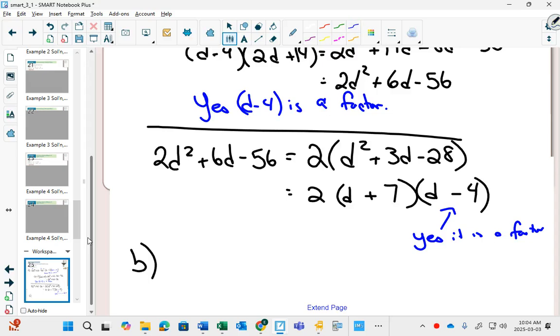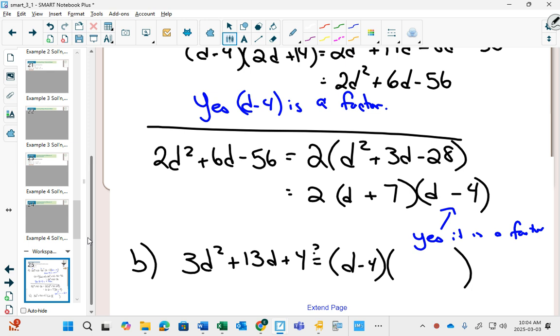Part B starts with 3d squared plus 13d plus 4. And we say, is it equal to, with a question mark because we don't know for sure, d minus 4 times something. If my first one's a 3d squared, then something would have to be a 3d. If my last one's a plus 4, you see your last one would have to be a minus 1.